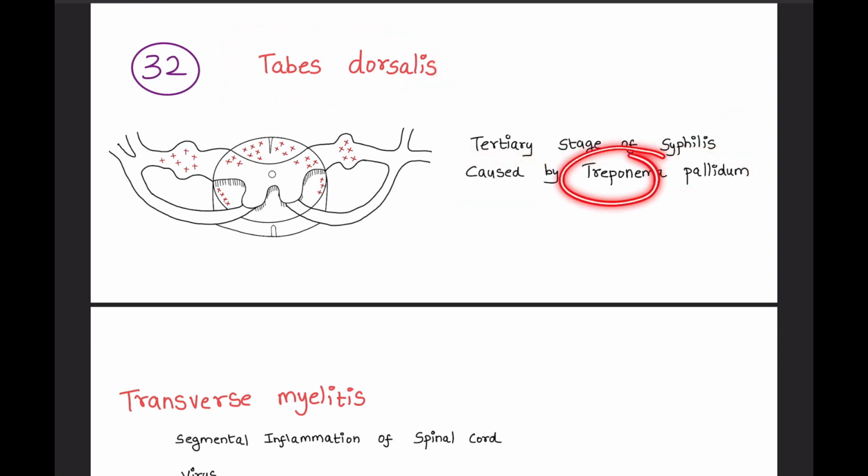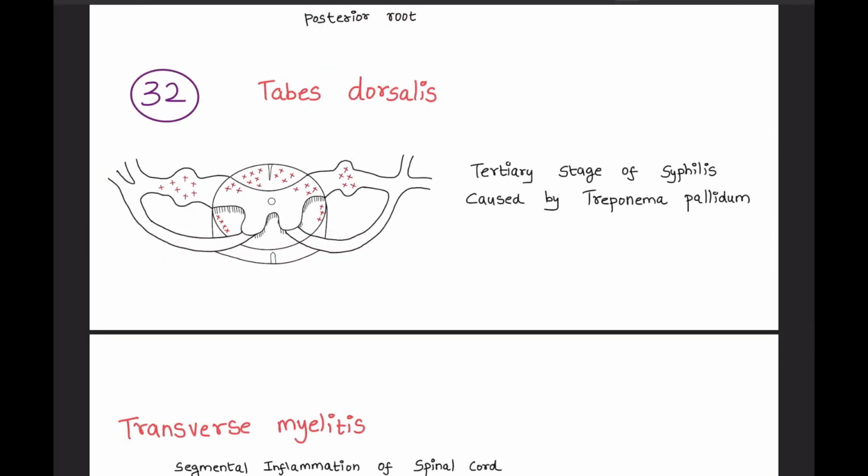Treponema is usually present in all human beings. That treponema is non-pathogenic, but the treponema which is transmitted through sexual relationship is pathogenic. So the treponema present in the normal human body is non-pathogenic, but the treponema that is transmitted through sexual relationship is pathogenic.